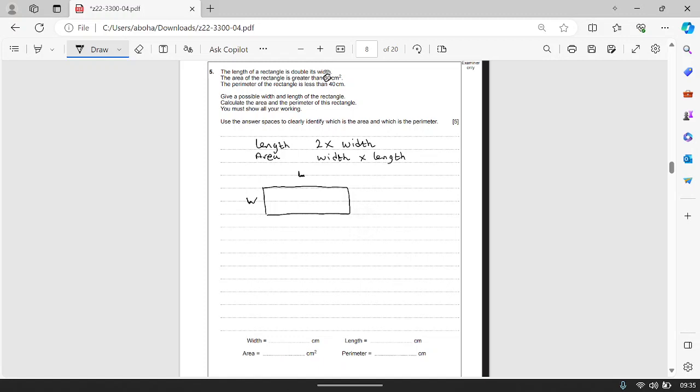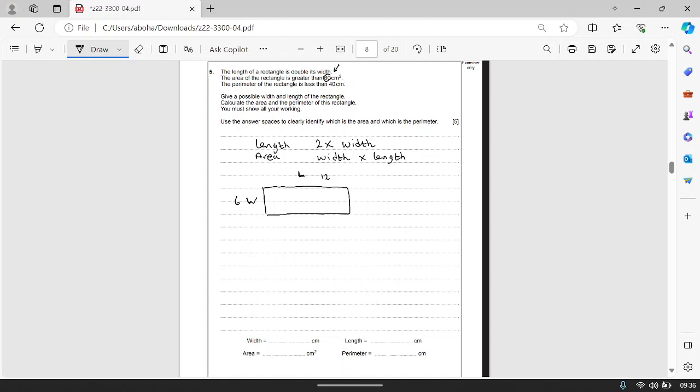So for example, if I put 5 there and 10 there, 5 times 10 is 50, but that's not going to work because the area has got to be greater than 60. I think the easiest method really is just to do some trial and improvement here. So I'm going to go up one, so I'll go 6 and 12, because the length has got to be twice the width.